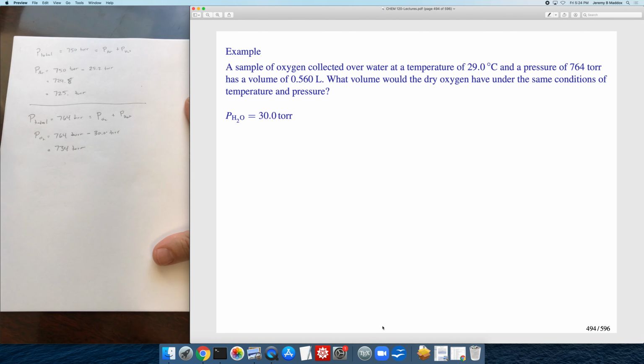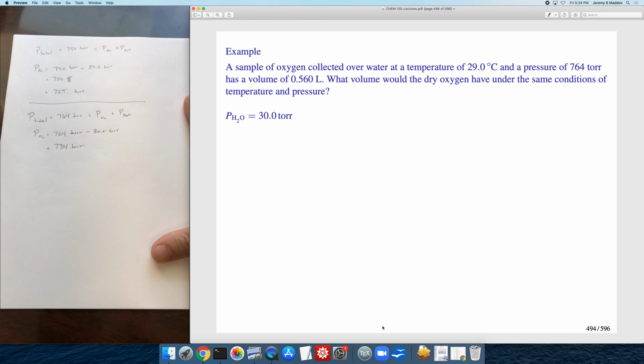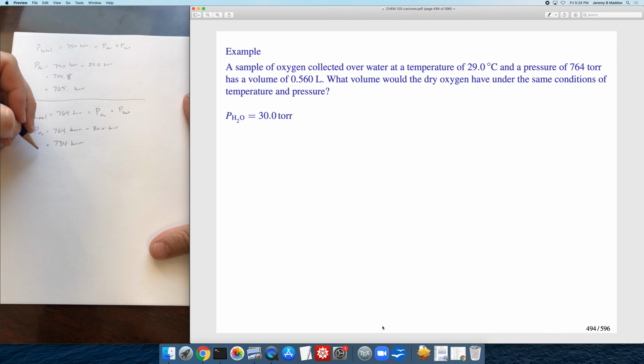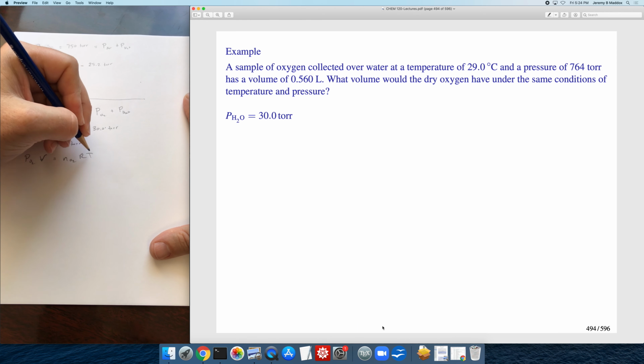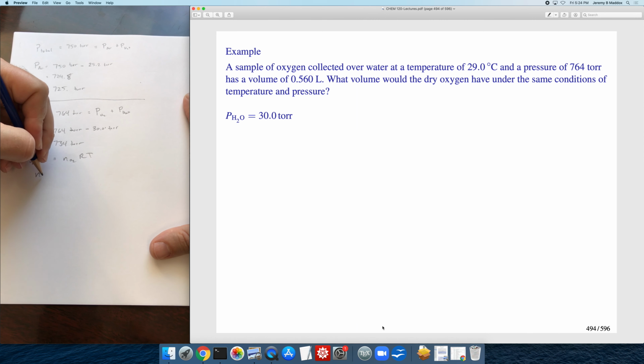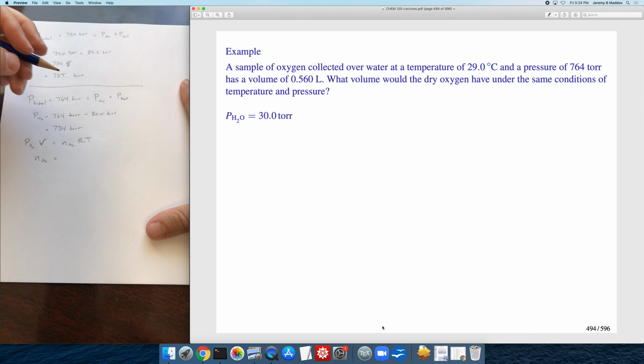And now what we can do is use the ideal gas law to figure out how many moles of oxygen we have. So we'll say that the partial pressure of the O2 times the volume is the number of moles of O2 times R times T. And so we'll solve for the number of moles of O2.